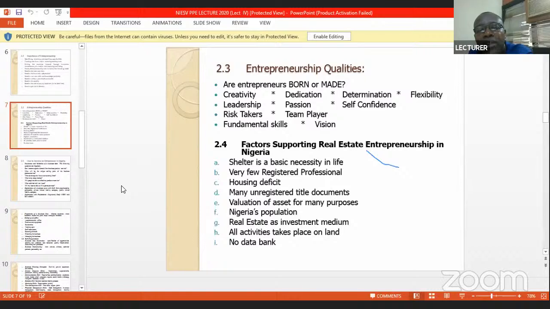A lot of arguments have been made in favor and against. But whether the entrepreneur is born or whether he is made, an entrepreneur must possess the following qualities.